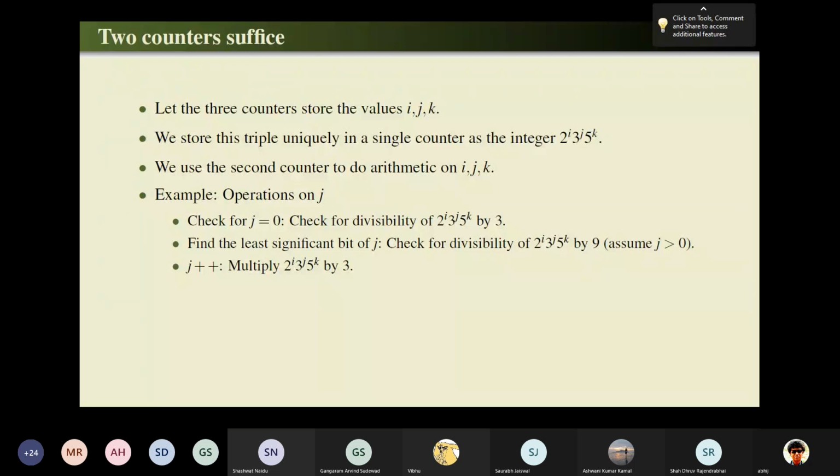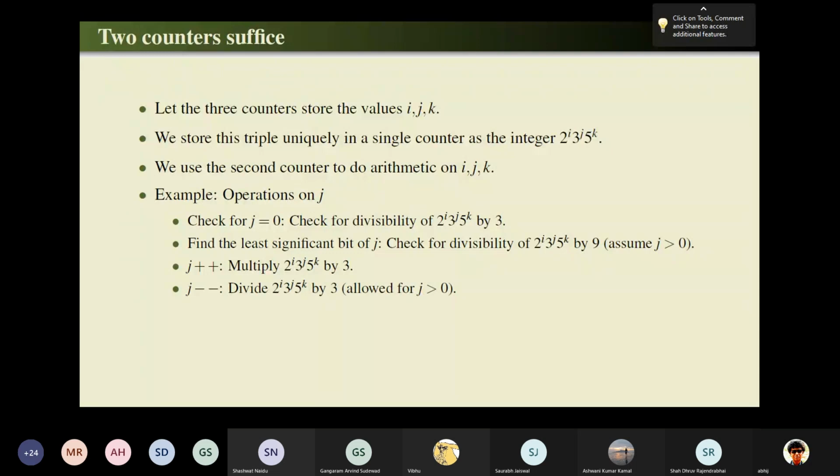Keep on dividing by 9 until it becomes 3 or 1, I mean 3 power 0. Anyway, fine. So J plus plus is just multiply by 3. J minus minus is divide by 3. And again, it is allowed only for J greater than 0.